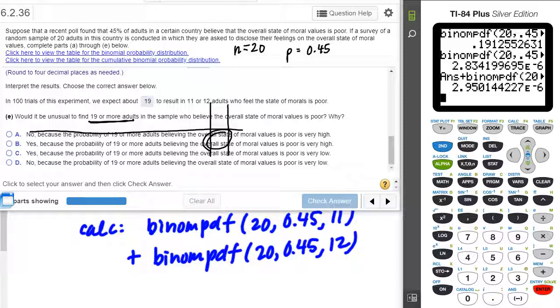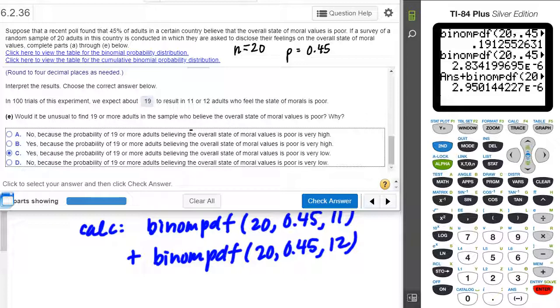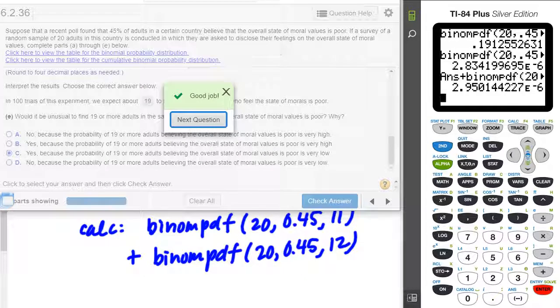We only changed a little tiny bit there in that 7th decimal place. So we'd say no, because this probability is very low. Is it unusual? Yes, because the probability is very low. No, we would not expect to see that. Phew.